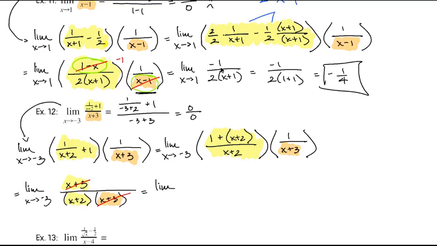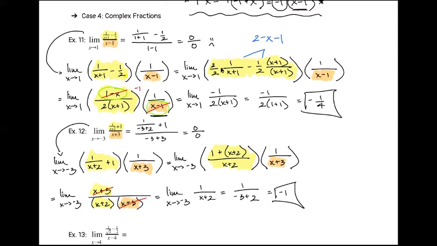Now, limit as x approaches -3, I only have to plug it in to 1 over x plus 2. And that will give me 1 over -3 plus 2, or -1. So I'll give you a moment to copy that down.